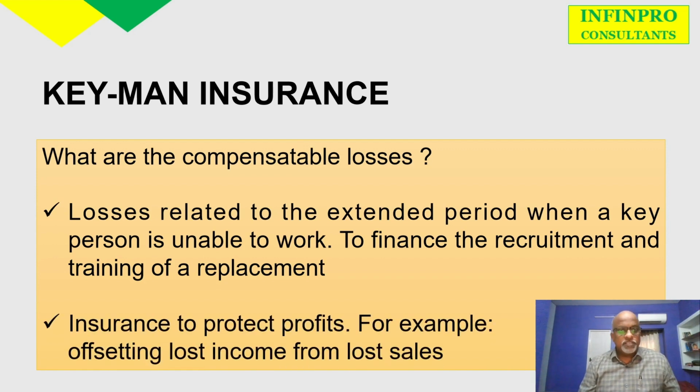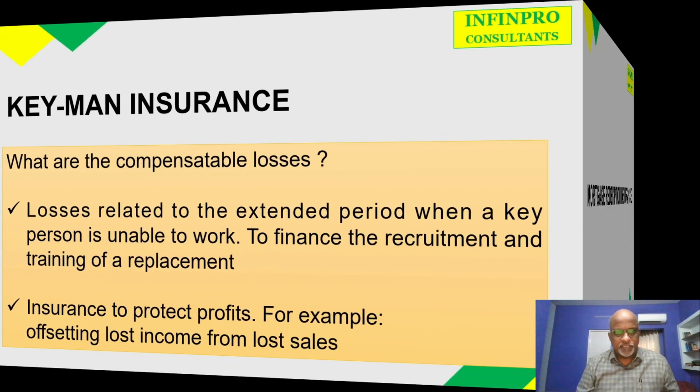Insurance is to protect the profits of the organization. So key man insurance will take care of offsetting the lost income from lost sales if the key man is a key sales manager in the organization.